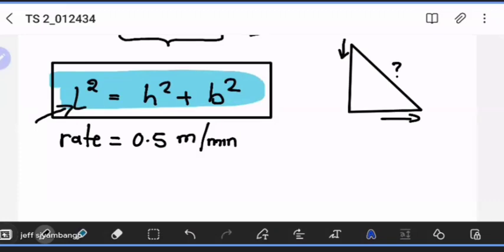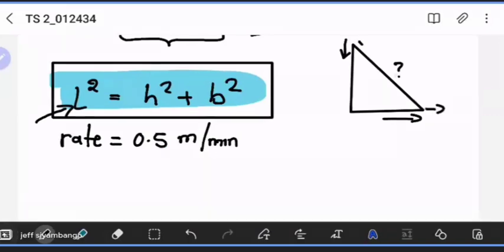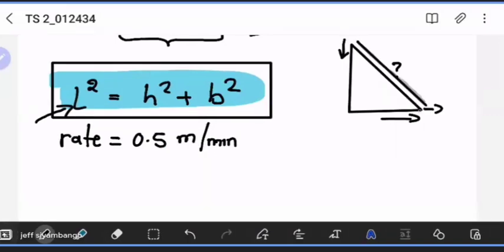Yeah, the length of the ladder, I mean, is going to remain constant throughout. So with respect to time, the length of the ladder L will not be changing. The length of the ladder will be constant. So regardless of how fast this is being pulled, the distance from here to here will still remain the same, being the length of the ladder.